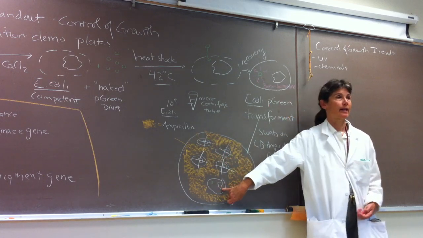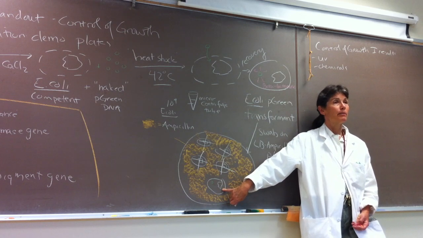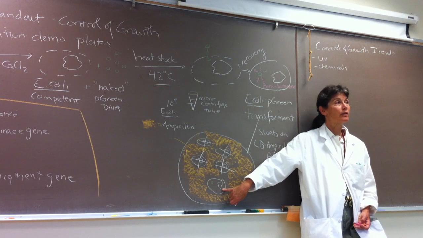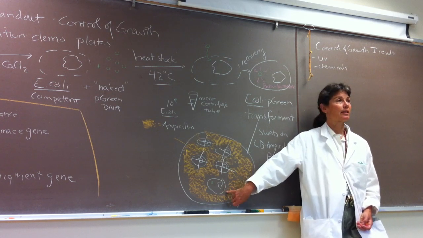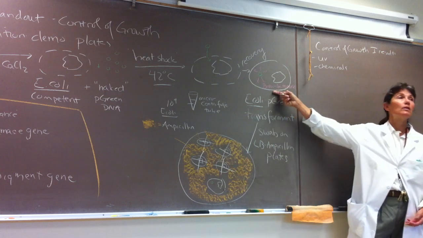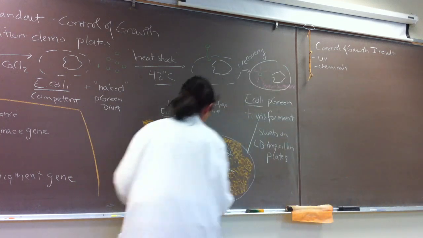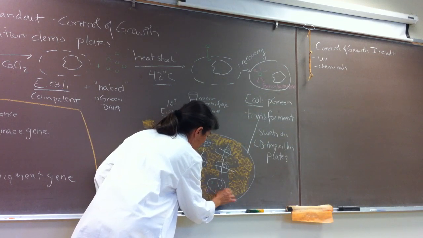What about this guy? The guy that picked up the pGreen plasmid DNA, our pGreen transformant. Will this little guy die? No. Why not? What is it making that's going to permit it to grow on these ampicillin plates? Beta-lactamase. You got it, you guys. That's it. It's making all this beta-lactamase.